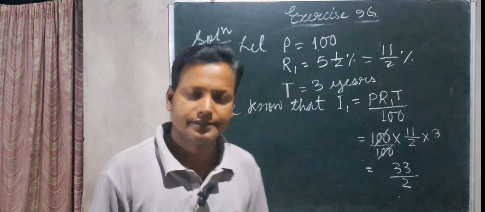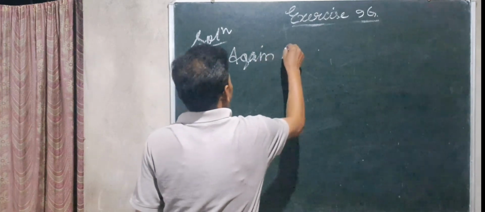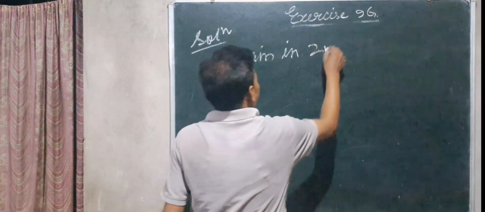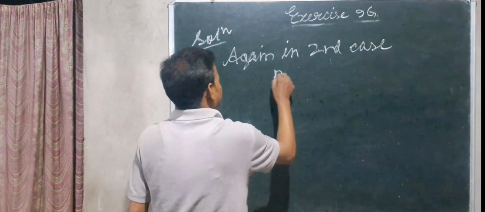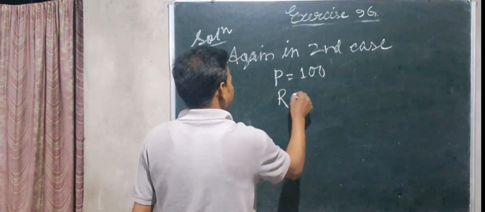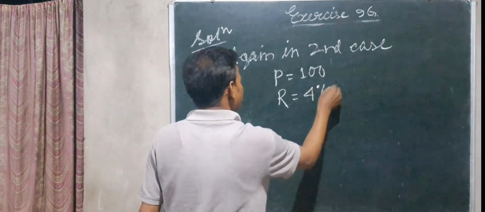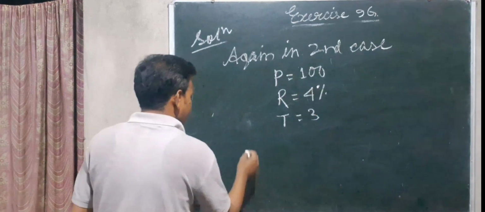Again, in the second case P equals 100, R2 equals 4%, time T equals 3 years.